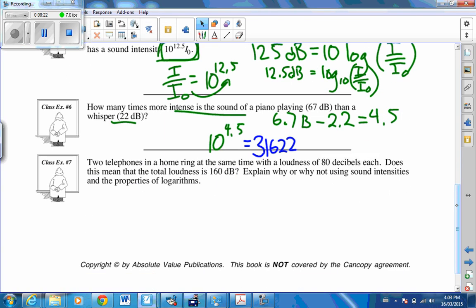Two telephones at home ring at the same time with a loudness of 80 decibels each. Does that mean that the loudness is 160? No, the intensities add.